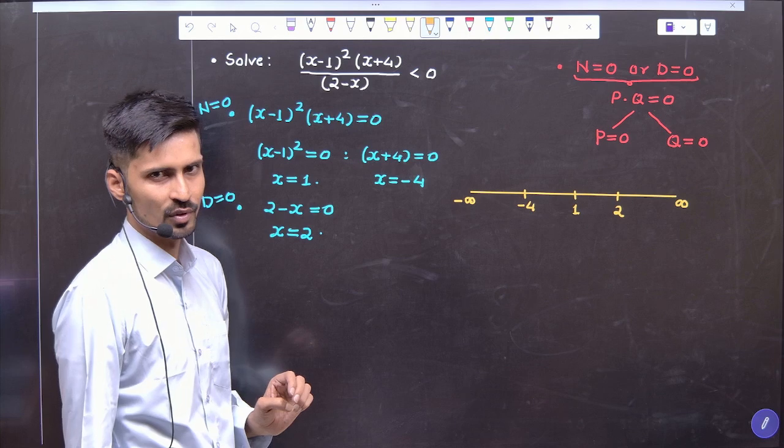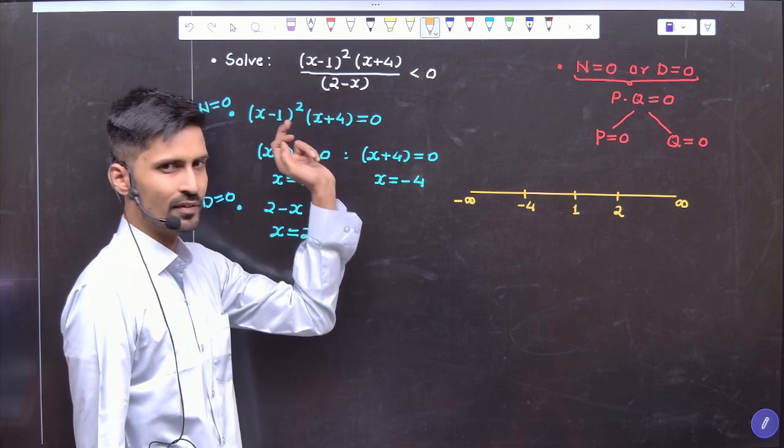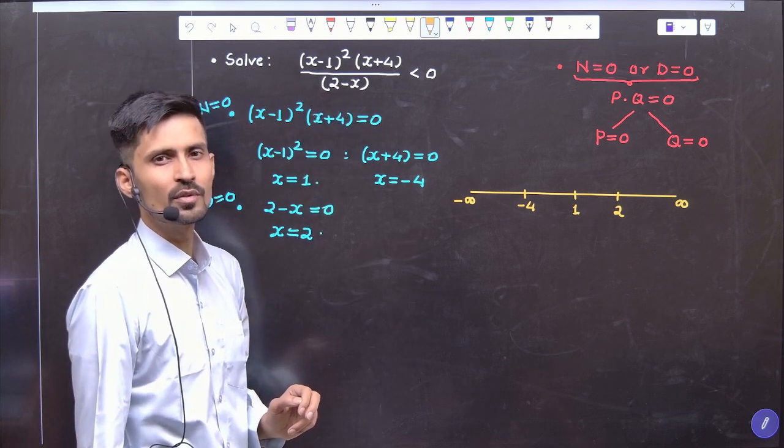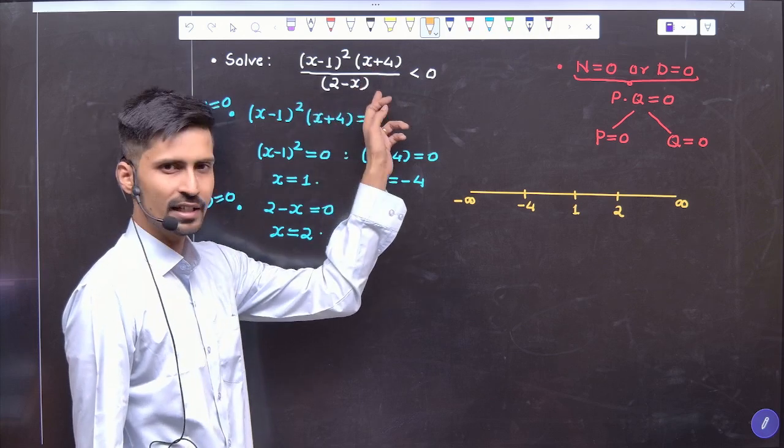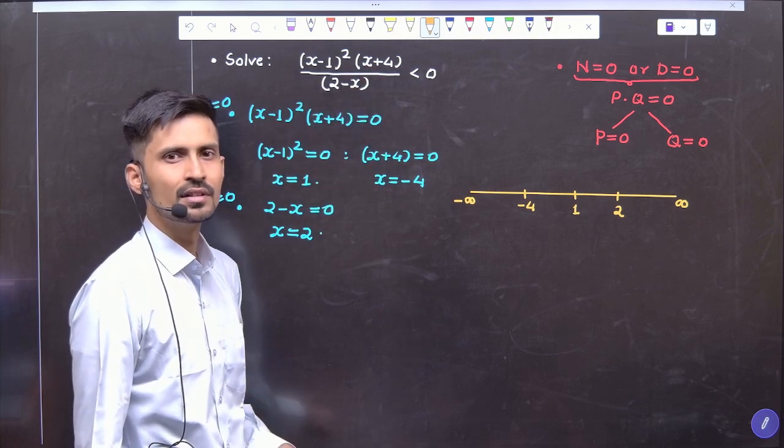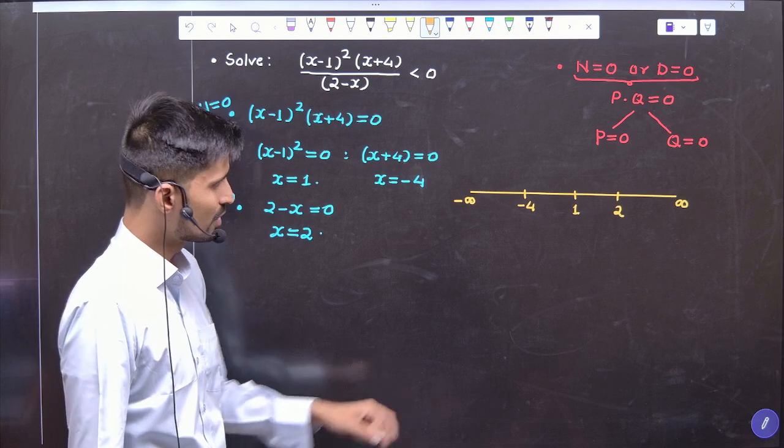Positive, 144. Now, 2 minus 5, positive or negative? Negative. So upper is positive, lower is negative. Positive by negative? Negative. So that side we will put negative.